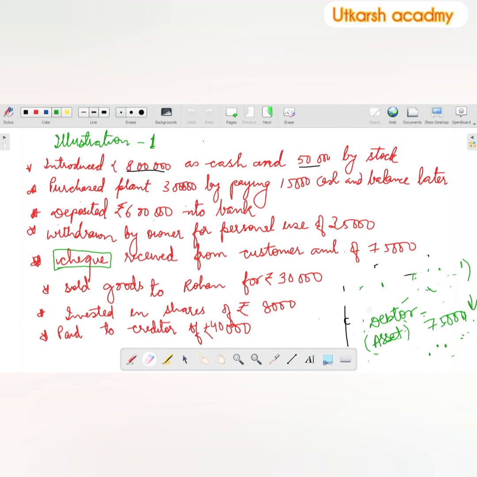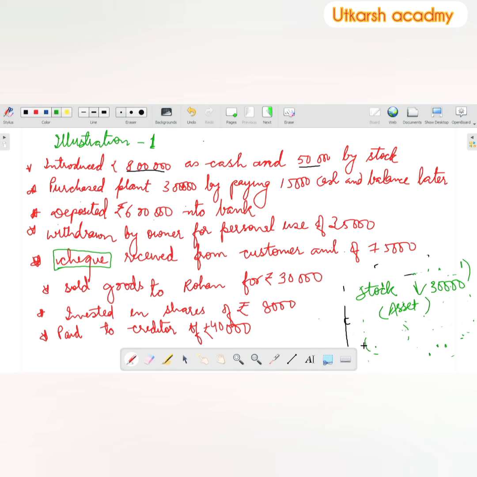Whatever stock we were having will reduce by 30,000, because 30,000 of stock has been sold out to the market. So stock will reduce by 30,000 and this stock is shown on the asset side.